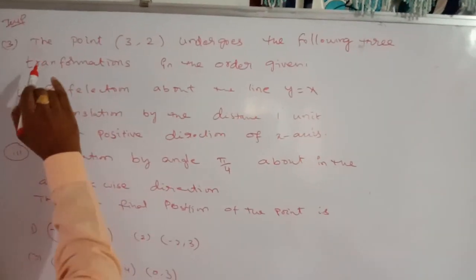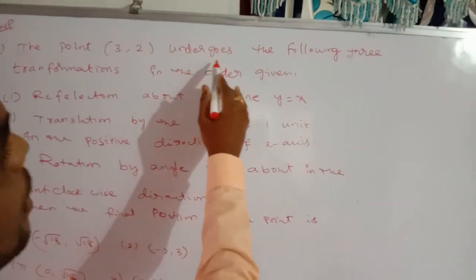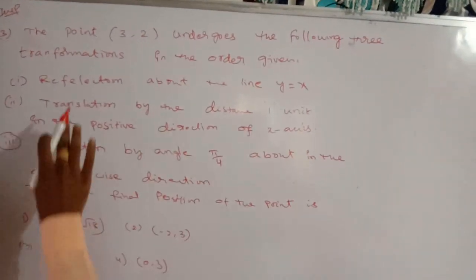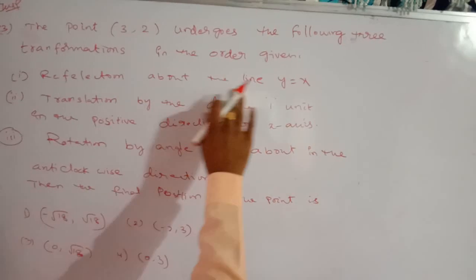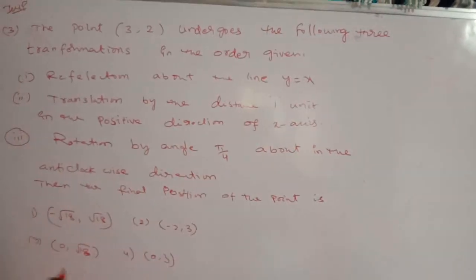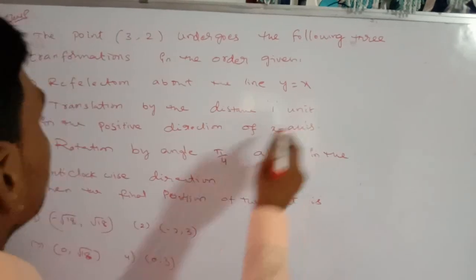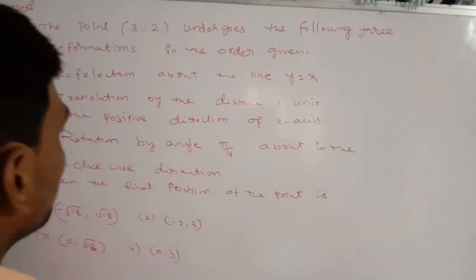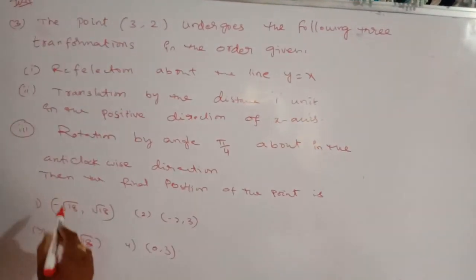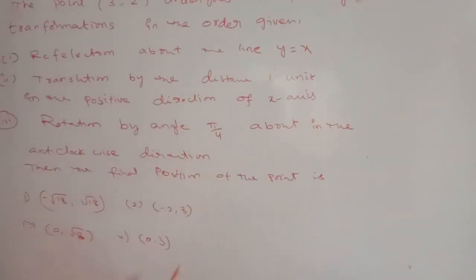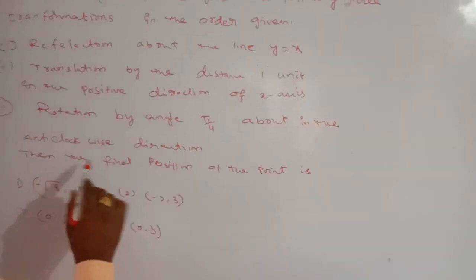Now see the board. The point 3 comma 2 undergoes the following 3 transformations in the order given. First, reflection about the line y equals x; second, translation by a distance of 1 unit in the positive direction of x-axis; and third, rotation by an angle pi by 4 in the anti-clockwise direction.